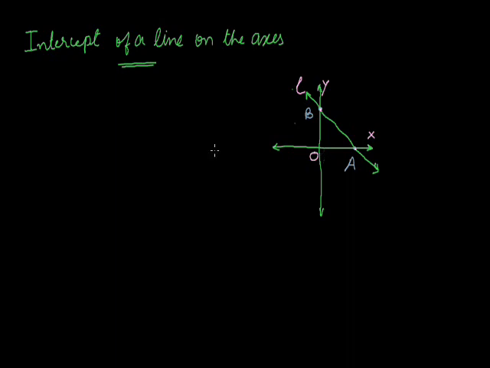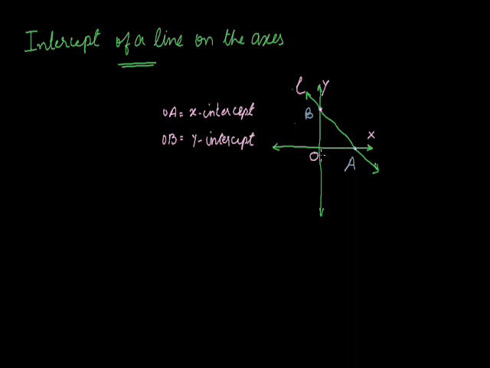We will say that OA is the x-intercept, and OB is the y-intercept, which our line L makes with x-axis and y-axis respectively.